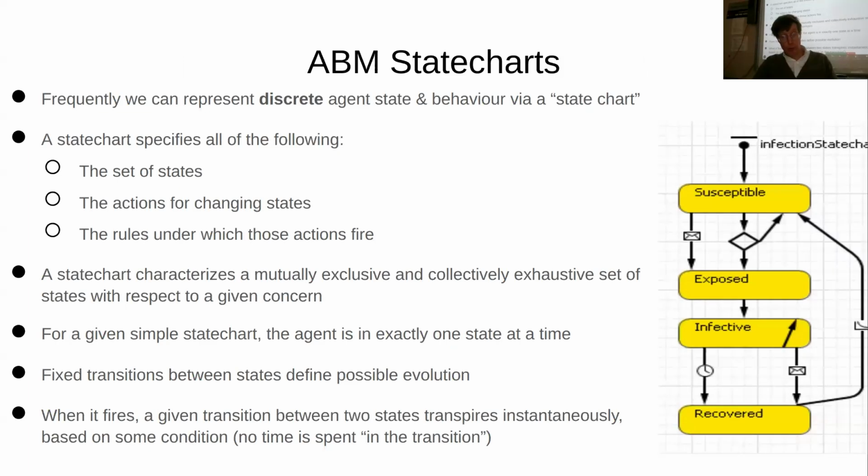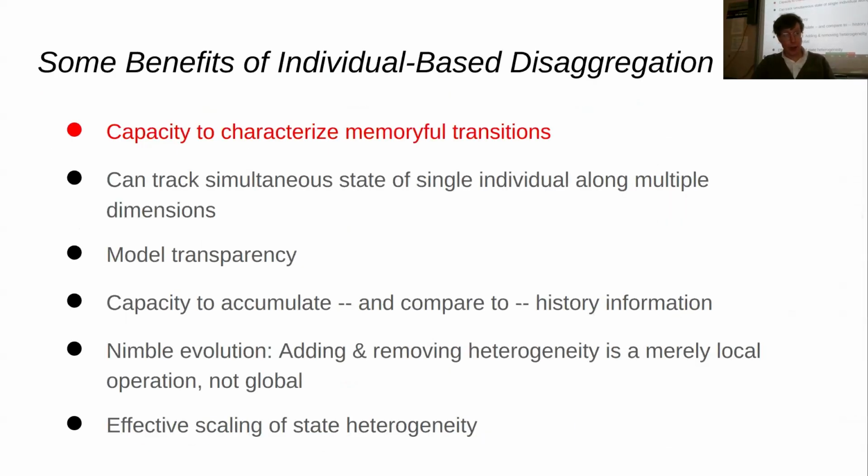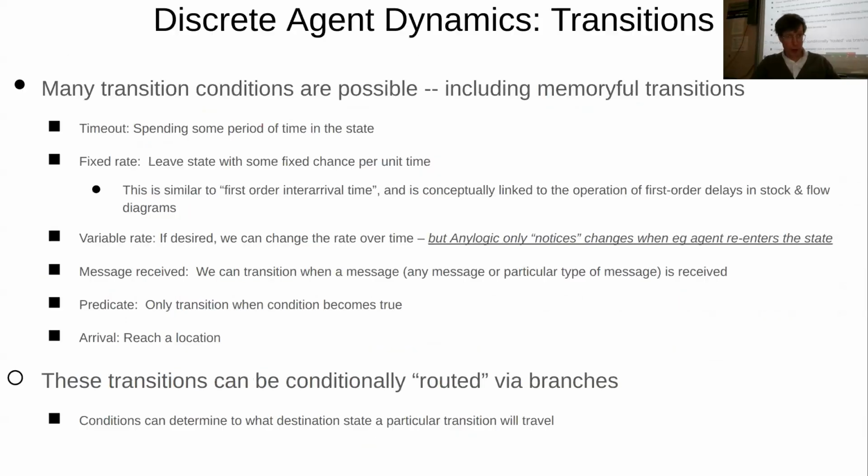I'd like to go through successive ones of these and illustrate what I mean by each of them. Okay. So to that end, I'm going to remind us of our coverage of state charts last time. I'm not going to remind you of some of their basics again, but just to situate us with the recognition of state charts. And I want to note the first of these properties, the capacity to characterize memory-full transitions compared to memory-less transitions, which is what we see in compartmental modeling and aggregate modeling.